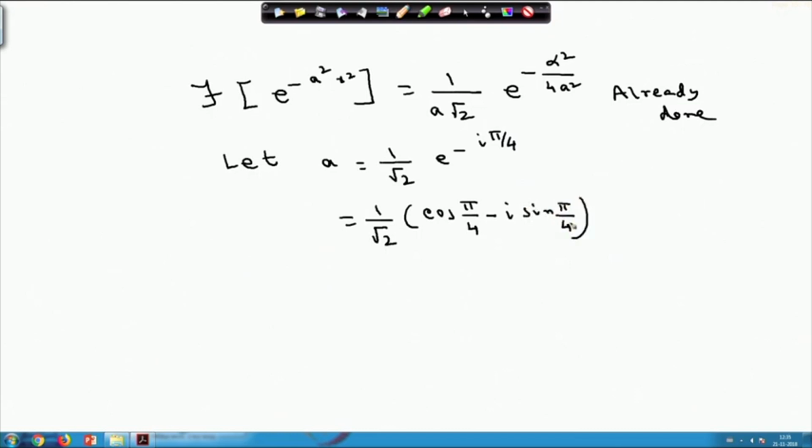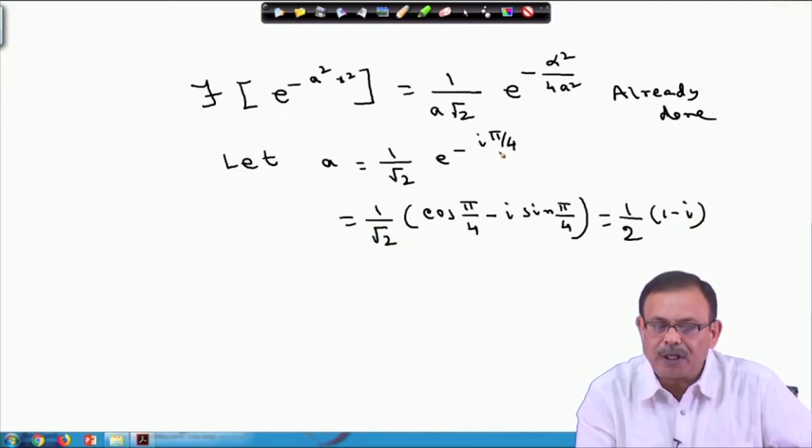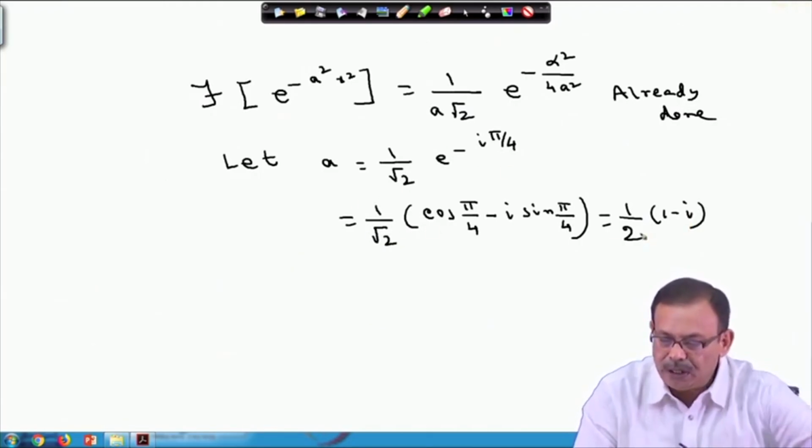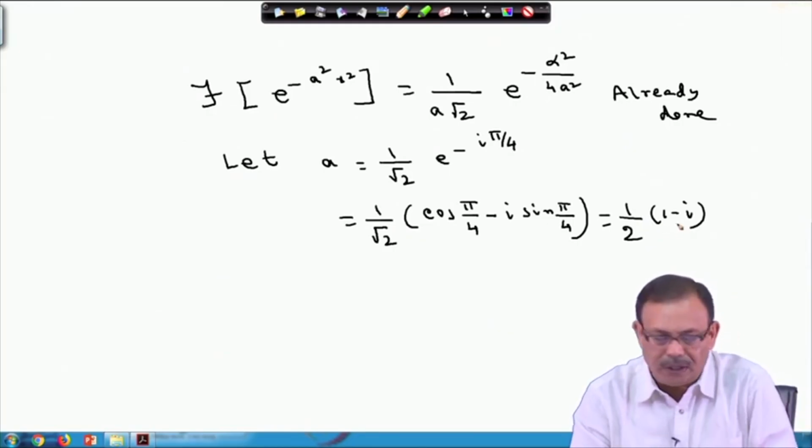I know the values of cos pi by 4 and sin pi by 4, both 1 by root 2. So this will become half into 1 minus i. So effectively I am assuming a equals 1 by root 2 e power minus i pi by 4, and that way my a is half into 1 minus i.